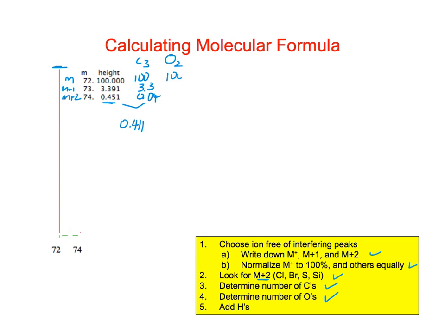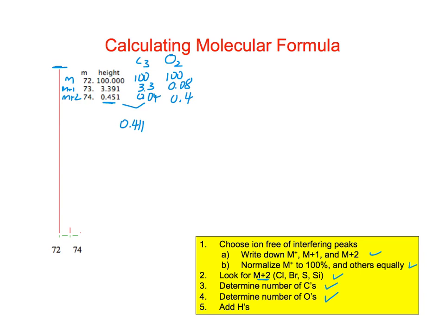We always go 100% for the top one. 2 times the A plus 1, 0.04 for the A plus 1, so 0.08. And 0.4 for the A plus 2.